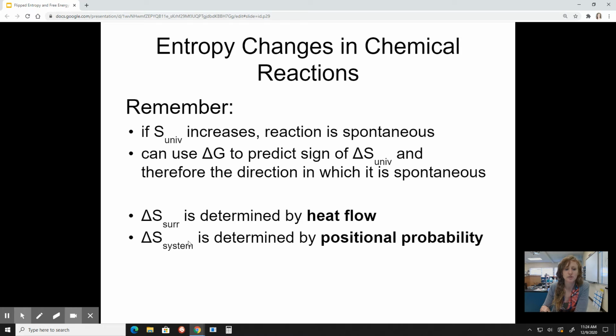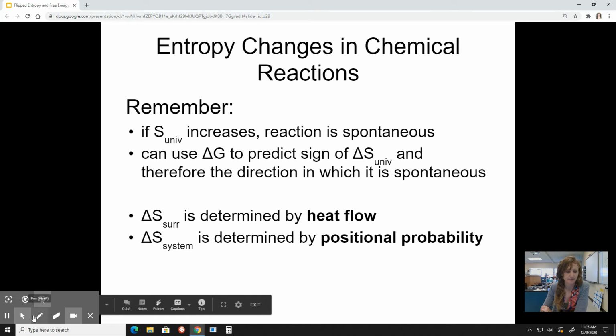We can also use delta G to predict spontaneity, because the sign of delta G predicts the sign of entropy of the universe. Entropy of the surroundings is determined more by heat flow. And then entropy of the system is going to be determined more by the positional probability of the system.